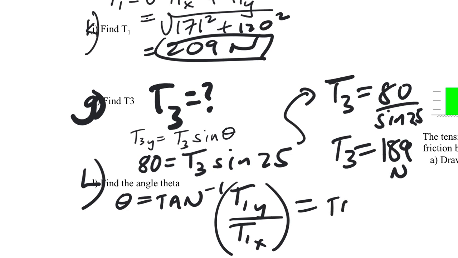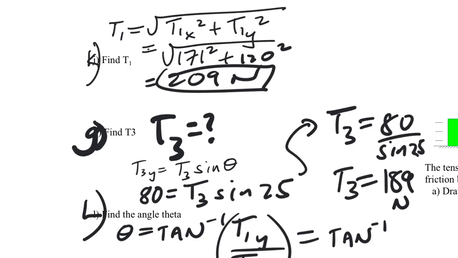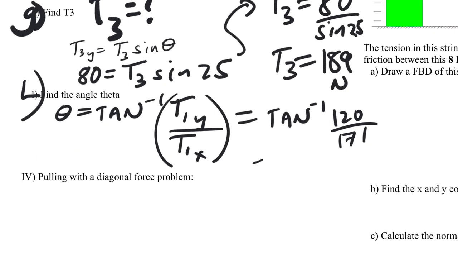So, inverse tangent of 120 over 171. That equals 35 degrees.